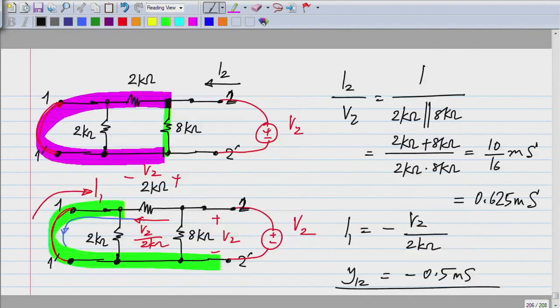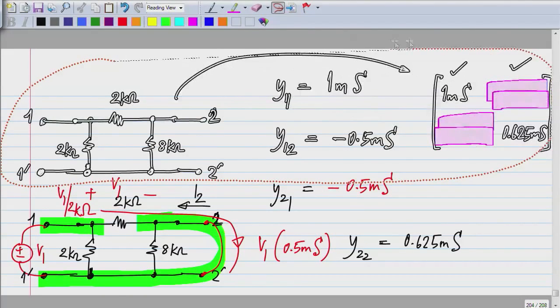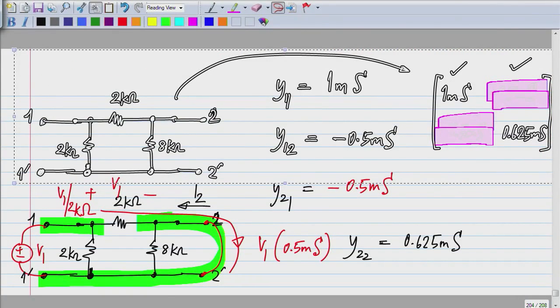Now let me quickly extend the example. So let me copy this whole thing over here.